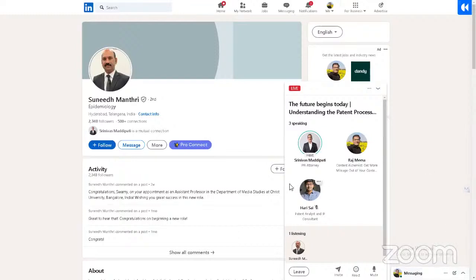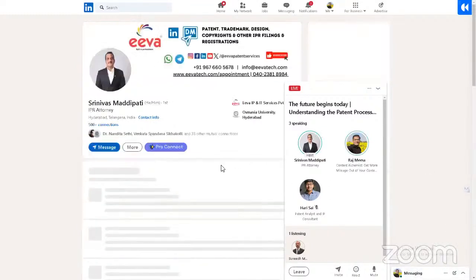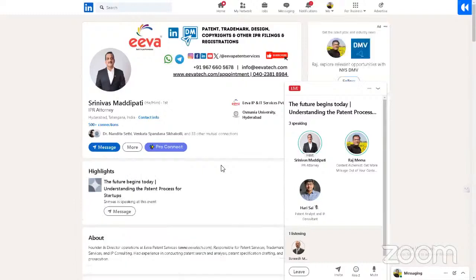As we discussed yesterday, the first step is to go for a patentability search, for a startup or for anyone who wants to file a patent application, to see the citations globally, because these will be cited by examiners.